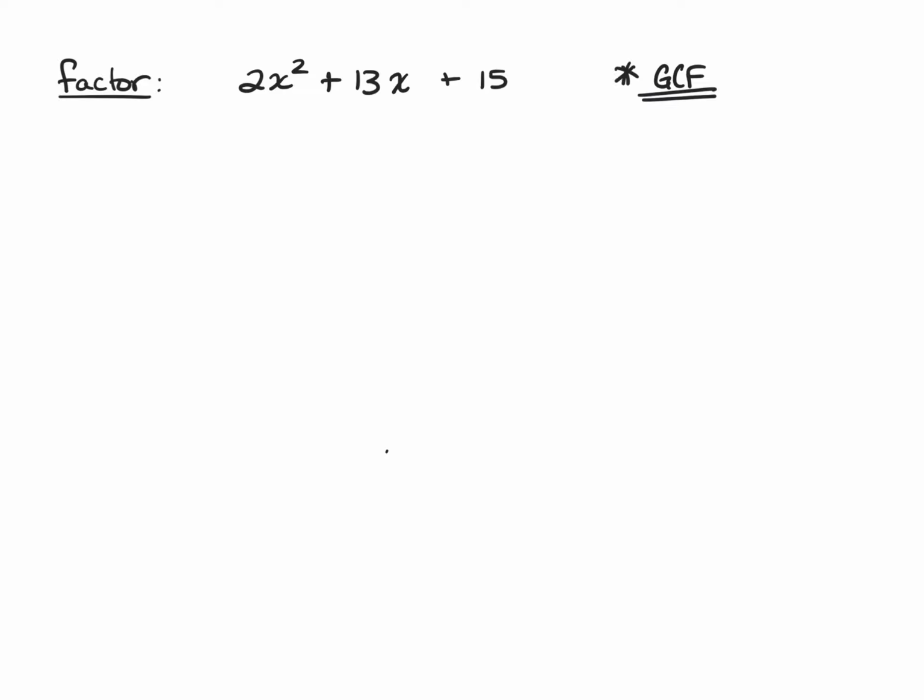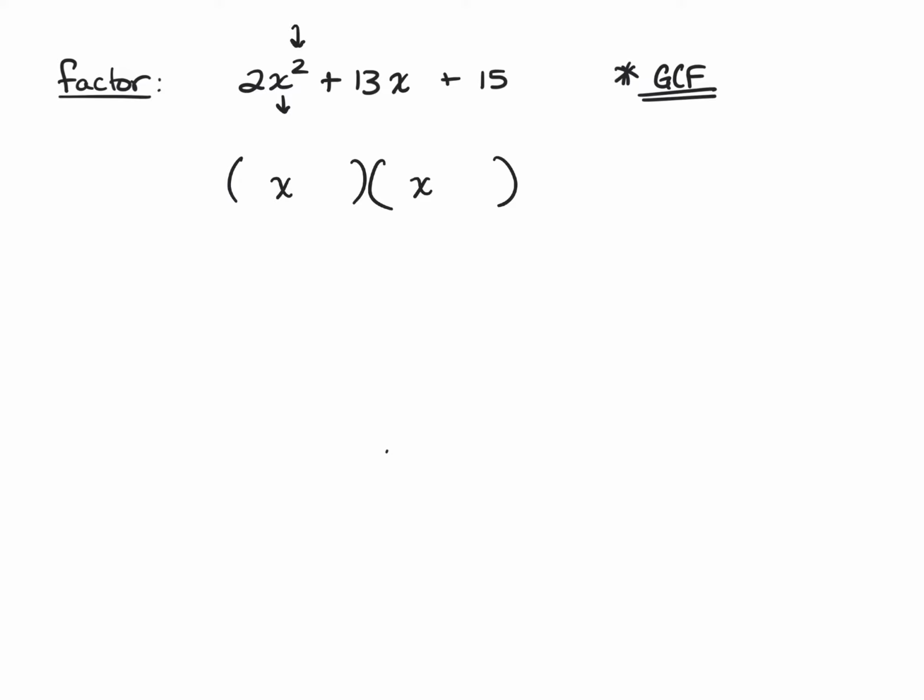So the next thing, if there's no GCF and I want to factor, is I must recognize that this is a quadratic. This 2 right there gives it away. Quadratics factor into a linear times a linear, so I'm going to set this up. This x squared gets broken apart into an x and an x.